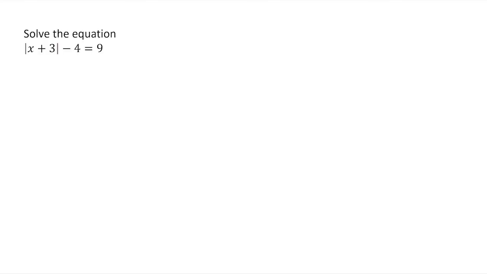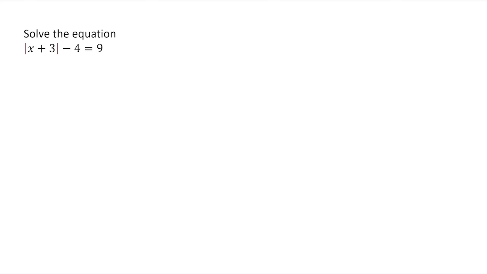Okay, let's try an example where we have to solve for an unknown value that is inside our modulus lines. We're given the absolute value of x plus 3, minus 4 equals 9.